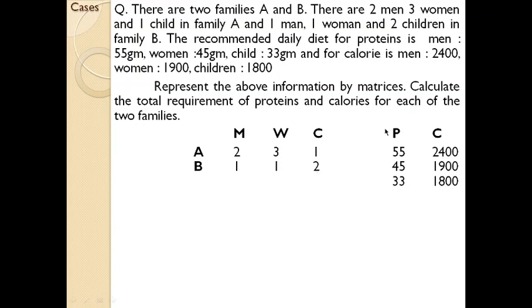And the protein and calorie requirement is represented by P and C. Per person, regarding men it is 55, regarding women 45, and regarding child 33. And the details regarding calories: for men it is 2400, women 1900, and children 1800. So its computation is very simple. You just need to multiply and sum the amounts, and you will get the total requirement of protein as well as calorie of both the families.